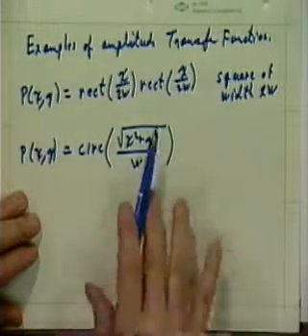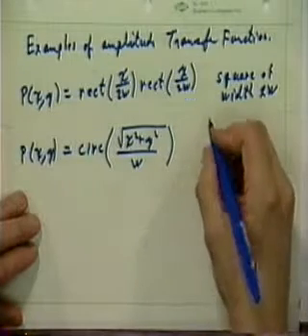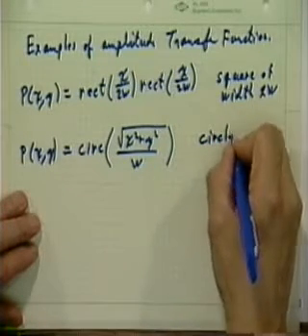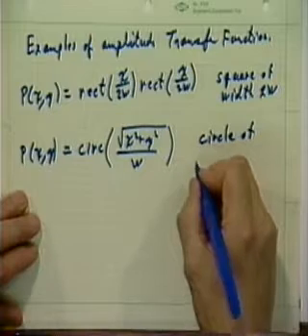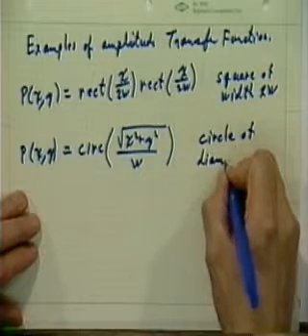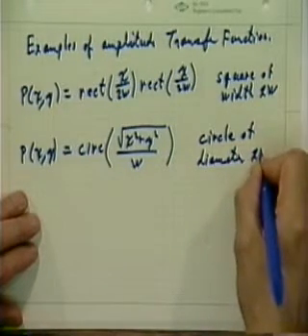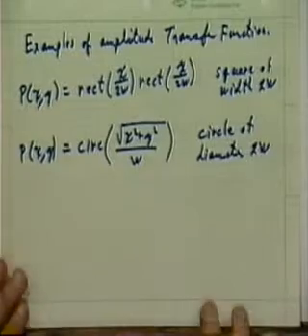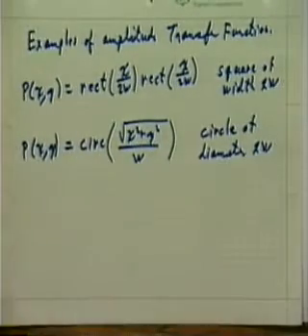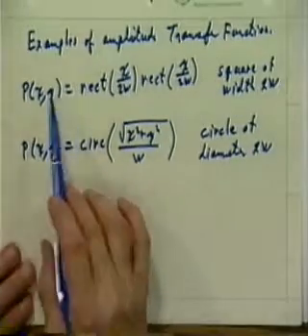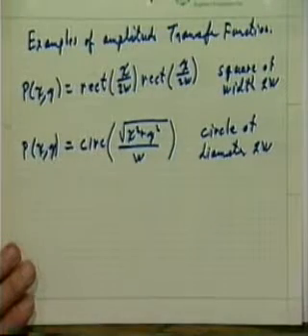If it's greater than 1, it's equal to 0. So this is a circle of diameter 2w. I don't know why he ever picked that, but 2w. Okay, so these are the two apertures.